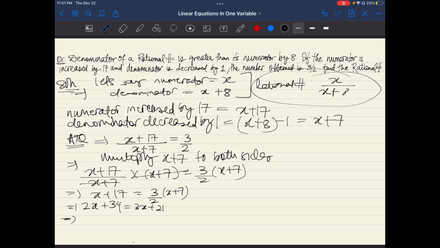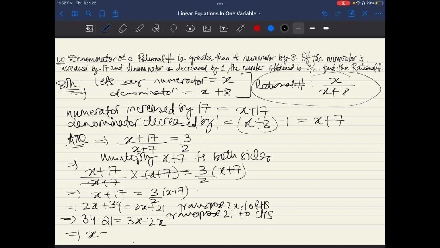And now transpose 2x to RHS and transpose 21 to the left-hand side. We get 34 minus 21 equals 3x minus 2x, which implies x equals 13.